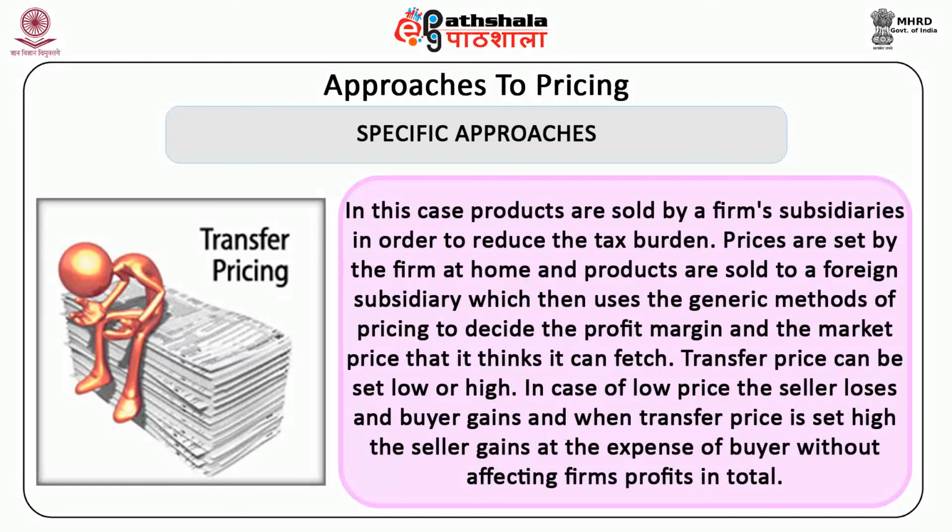Transfer price can be set low or high. In case of low price, the seller loses and buyer gains. And when transfer price is set high, the seller gains at the expense of buyer without affecting firm's profits in total.